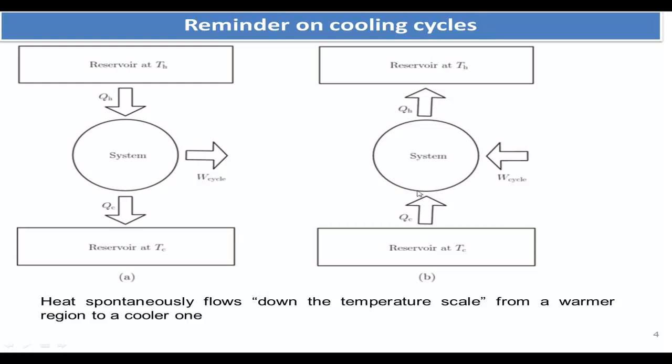So instead of producing work while receiving heat, a refrigerator will receive work and be able to pick up some heat from a low temperature and throw it away in a high temperature reservoir. So that's how it works. Good.